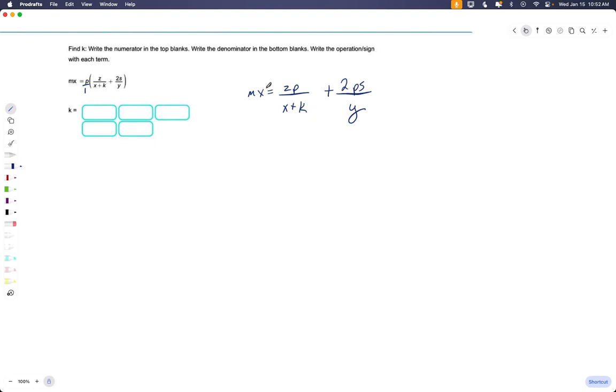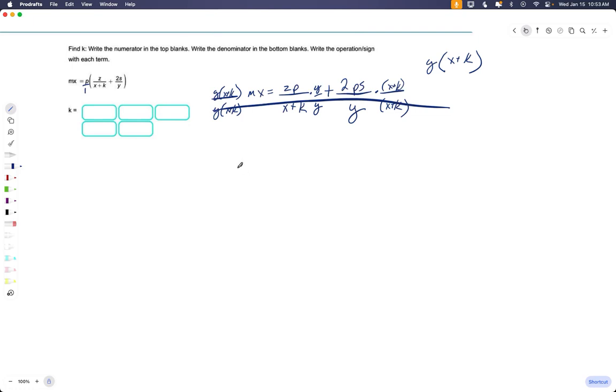So now, common denominator is y times x plus k. So I'm going to multiply this by y over y, and this by x plus k over x plus k. And then this is going to be y times x plus k over y times x plus k, which would then cancel all the denominators.